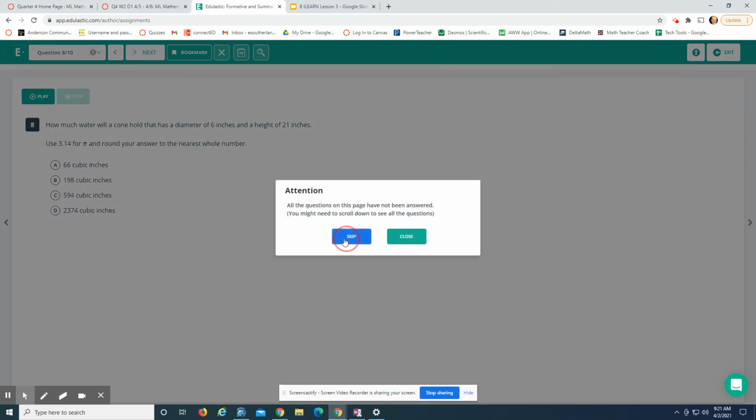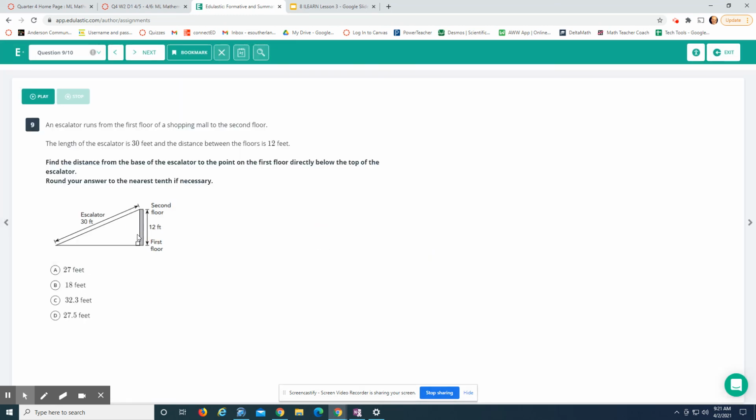Looking at the next question, this is Pythagorean theorem. Understand that A, B, and C, where A squared plus B squared is equal to C squared, which if that's true, C squared minus A squared is equal to B squared.